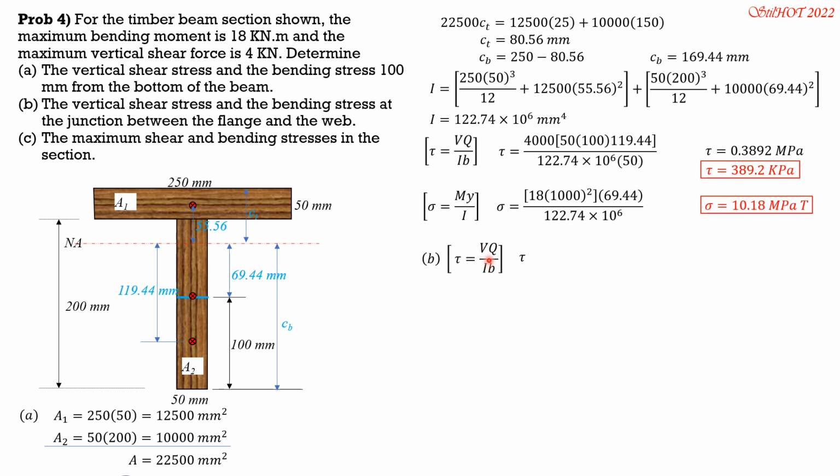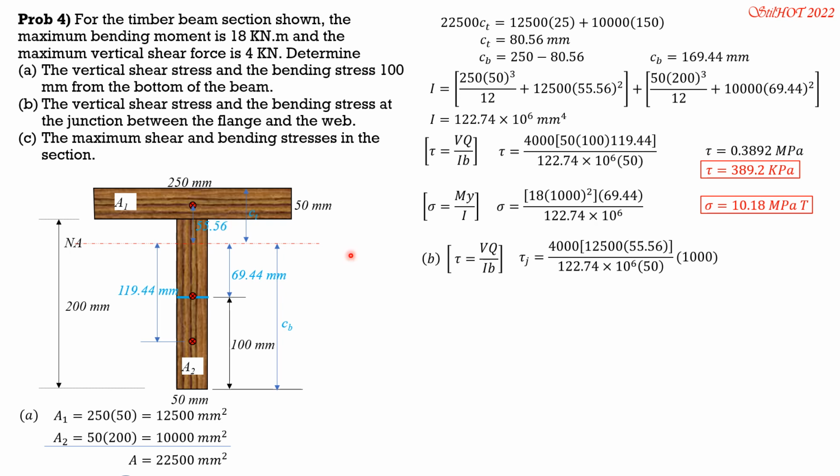So shear is 4,000. Then Q is the area above the junction, which is 12,500. Then the moment arm to the neutral axis is 55.56, divided by I, 122.74 times 10 to the 6. Then the width of this junction between the flange and the web is still 50 mm.